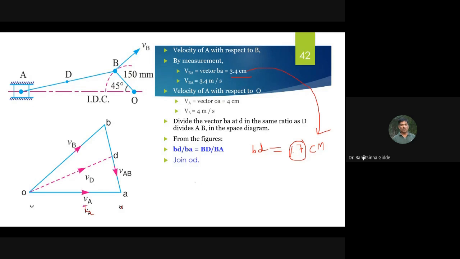Okay. Then join OD. So this D point and this one is O. You can join this.